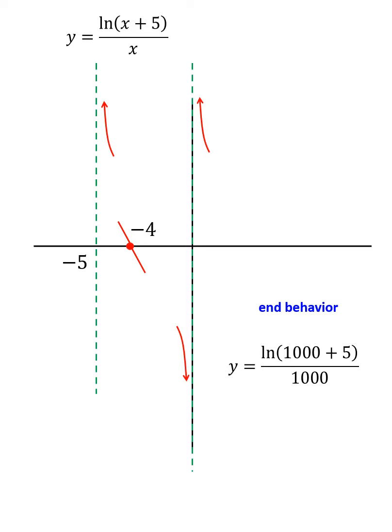Well, I would have the natural log of 1,000,000 over 1,000,000, roughly. The natural log of 1,000,000 is a relatively small number. It's about 15, I want to say. And again, I don't expect you to know that, but I do expect you to know that the natural log of 1,000,000 is a very small number compared to 1,000,000. And if we were to divide that by 1,000,000, we would get an even smaller number.